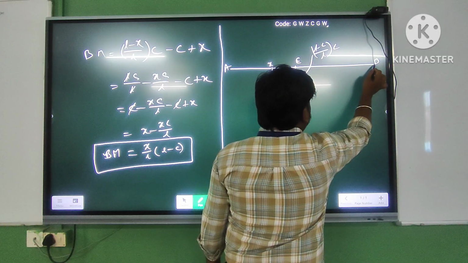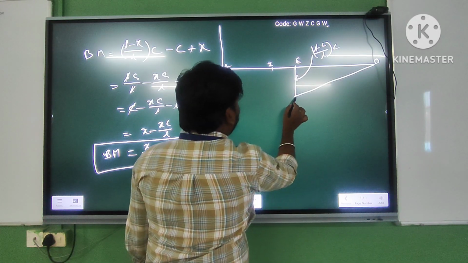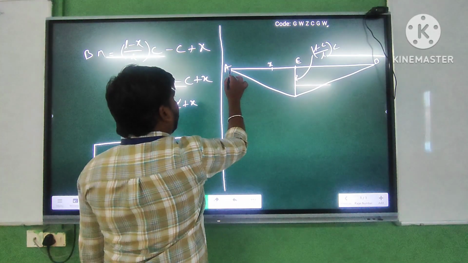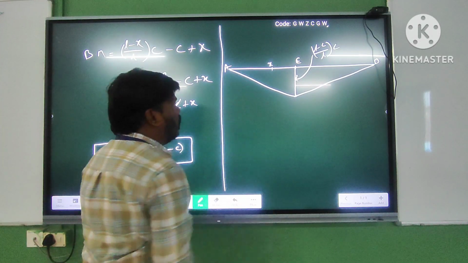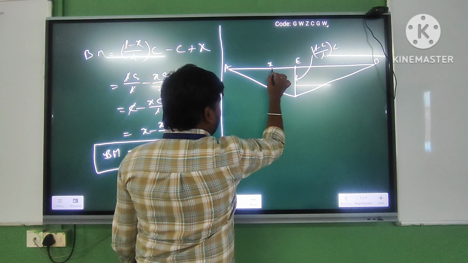First join these things from here to here, and then from here to point A the bending moment will get 0. What is the intensity of bending moment at section X?